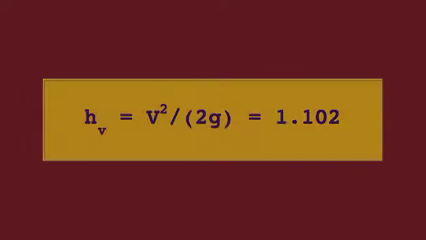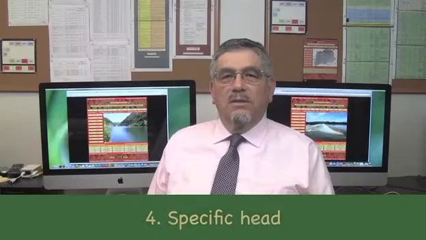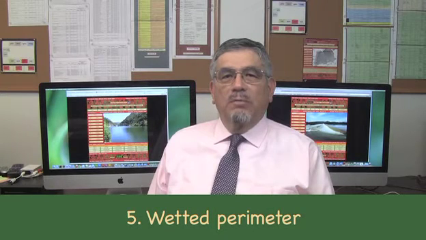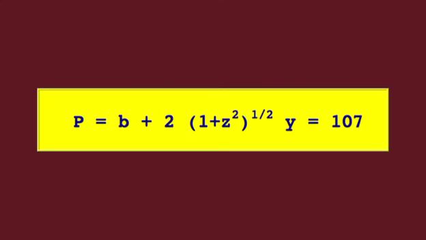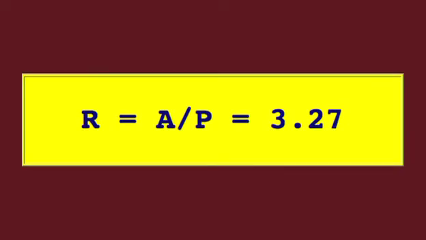Velocity head. 4. Specific head. 5. Wetted perimeter. 6. Hydraulic radius. 7. Friction slope.